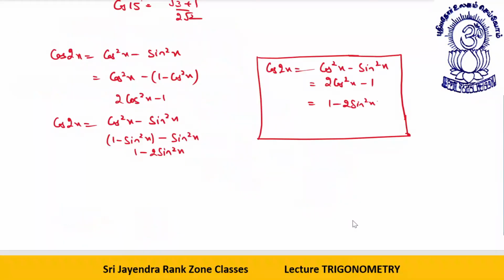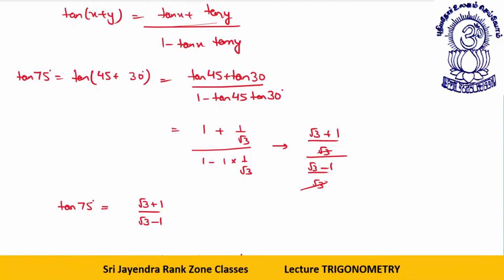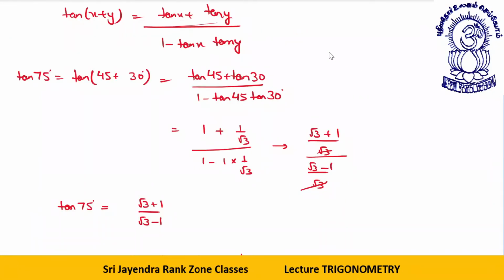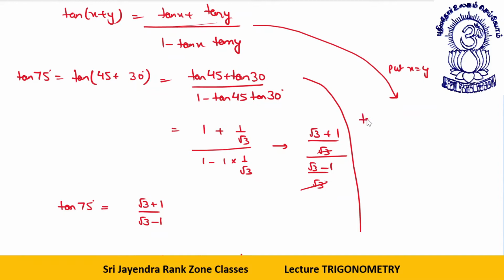Just on the basis of this formula, if I put x is equal to y, fine. If I put x is equal to y, what will happen?